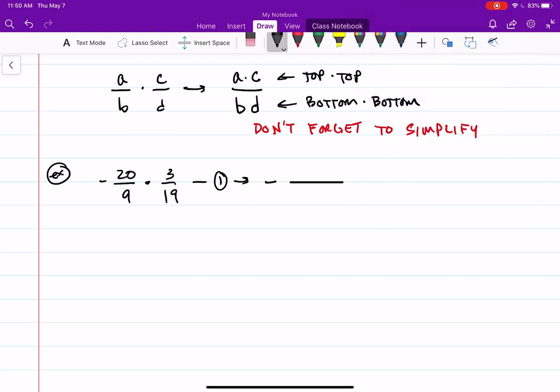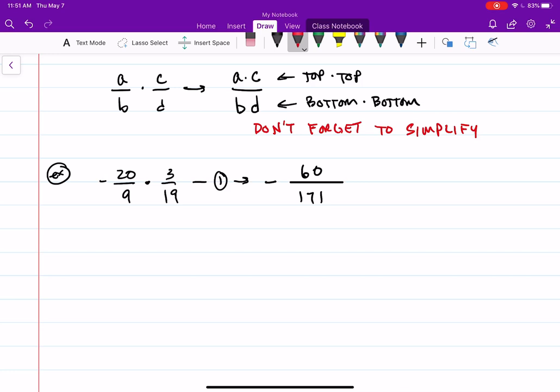My top is 20 times 3, which is 60, over 9 times 19, which is 171. Then you have to figure out if that can be simplified or not. Is there a number that goes into 60 and 171? The answer is yes. 3 can go into both.